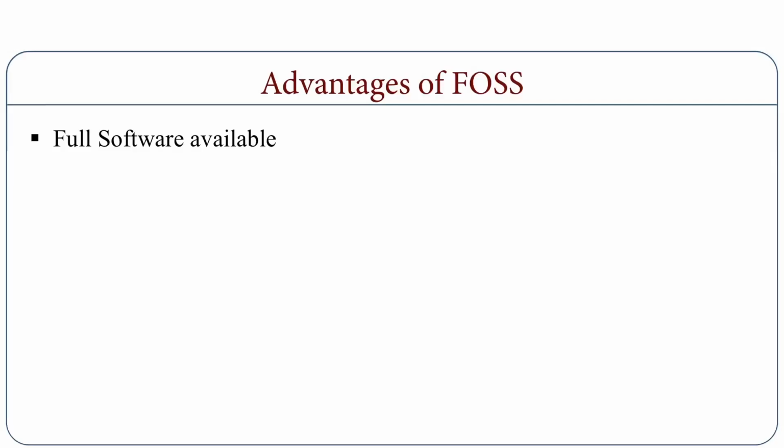Now let us see why we are stressing so much on free and open source software. Let us look at the advantages of using free and open source software. Of course, for libraries, the first and foremost advantage is, coincidentally, not as a mandatory requirement, the free and open source software are mostly free of cost also.